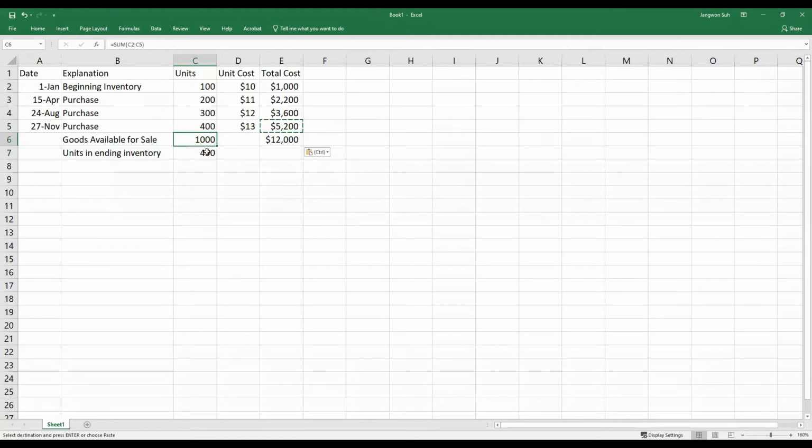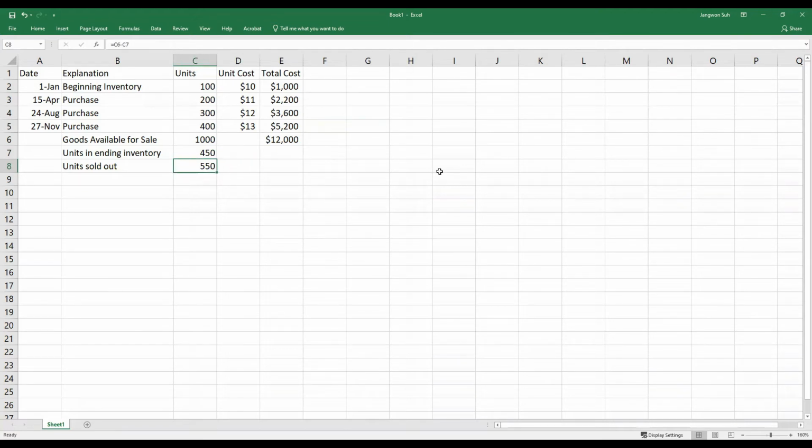Out of this 1,000, 450 are left. Then how many units are sold out? We can say that out of 1,000 available for sale, 450s are unsold yet, meaning the units sold out are 550, right?